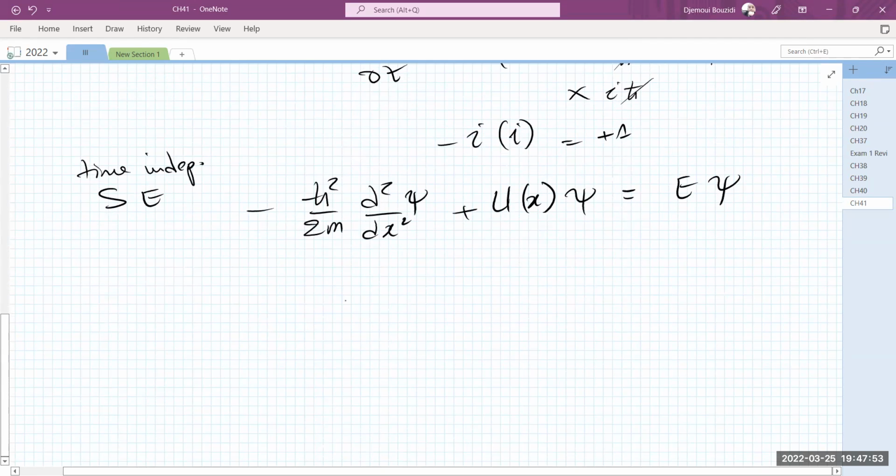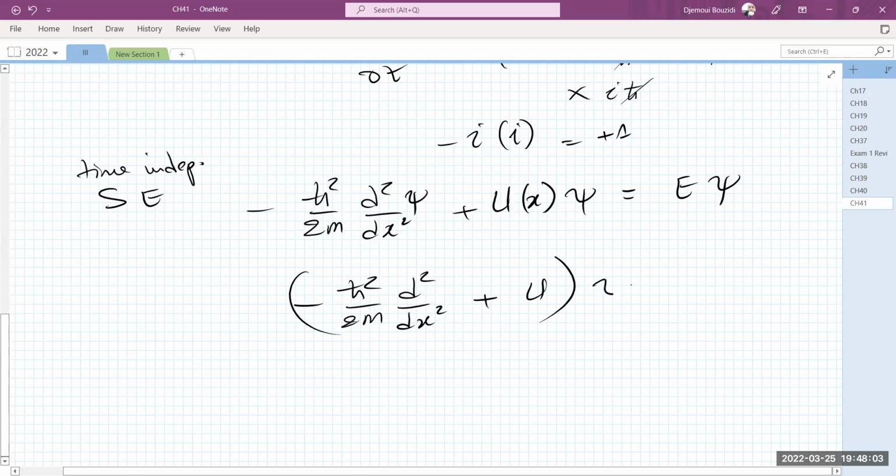If I take psi as a common factor from this expression, times psi, I know you're expecting what kind of multiplication is this? This is called an operation, not a multiplication. So this becomes an operator. So what does this operator do? It multiplies u by psi, and it takes its second derivative from this term. So that's all. So this is an operator, and this is equal to E psi.